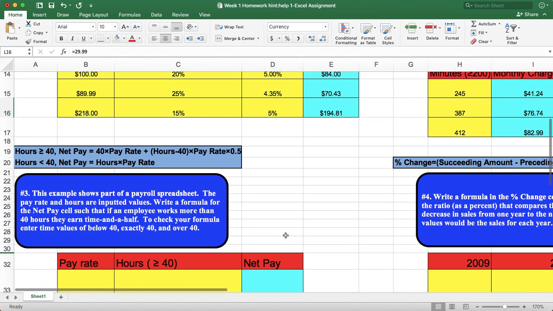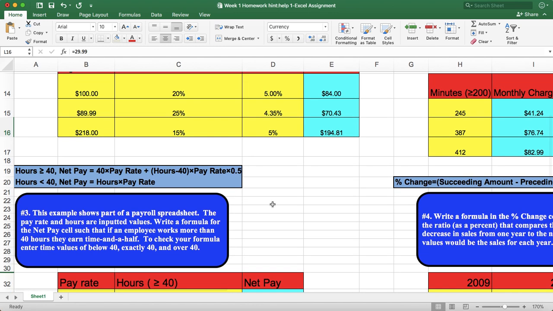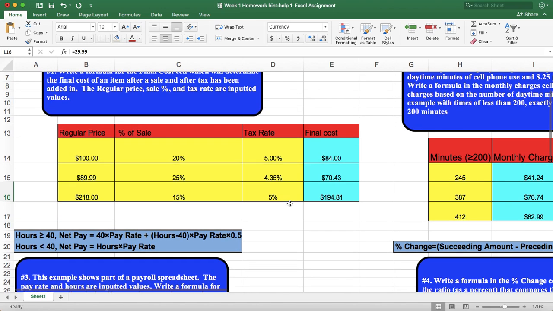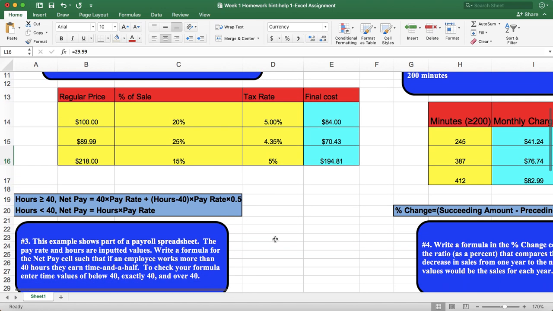Okay, let's go to problem 3. Problem 3 is similar to problem 2. You need to break down the formula into 2 scenarios.